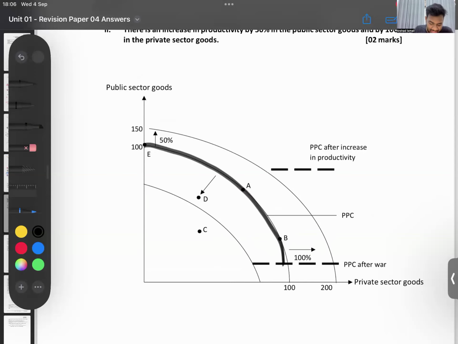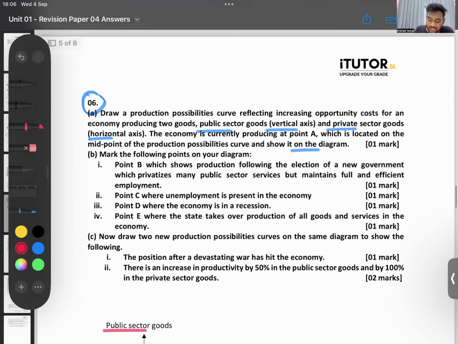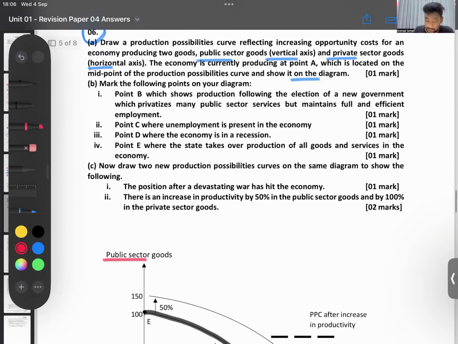And they are saying currently they are at the midpoint A, and they have told us the vertical axis is public sector goods, the horizontal axis is private sector goods. So you have now labeled that. You get 1 mark.